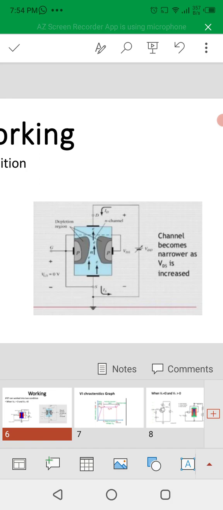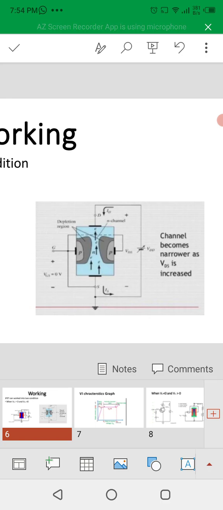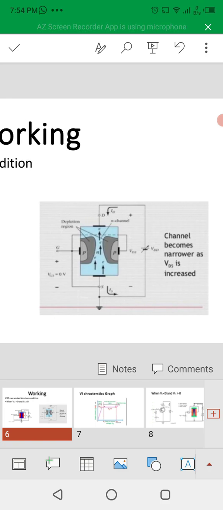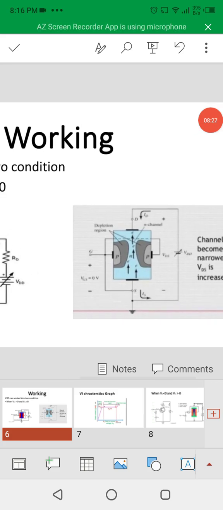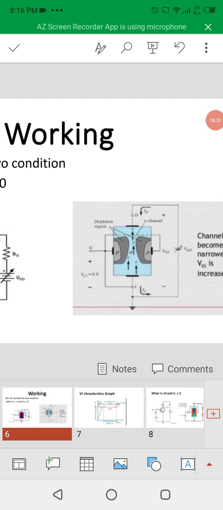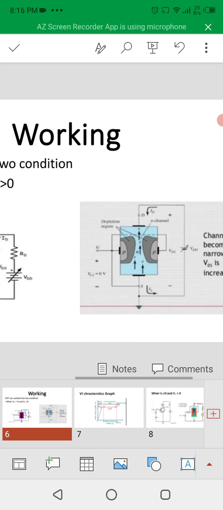And what is the effect of the circuit? The depletion region is... we give a voltage of VDD. VDD is 4 volt. When the voltage is 4 volt, the potential of the drain is 4 volt.